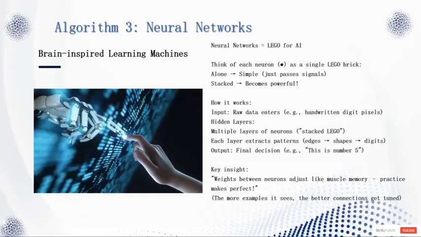Then finally, the output is the final decision. For example, the computer can figure out that the handwritten digit is number 5. Weights between neurons adjust like muscle memory. Practice makes perfect. The more examples it sees, the better the connections get tuned.